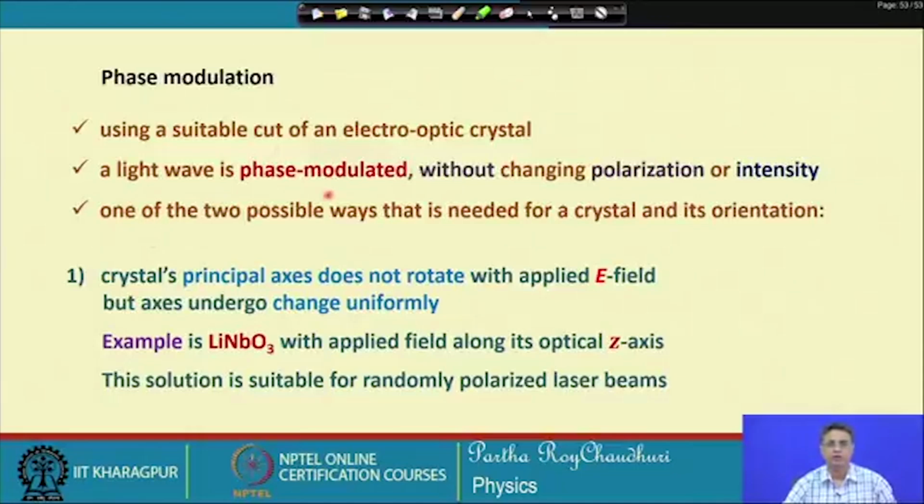So, this phase modulation can be achieved in one of two possible ways, depending on the crystal and its orientation. One is that the crystal's principal axes do not rotate with the applied electric field, but the axes undergo change uniformly.